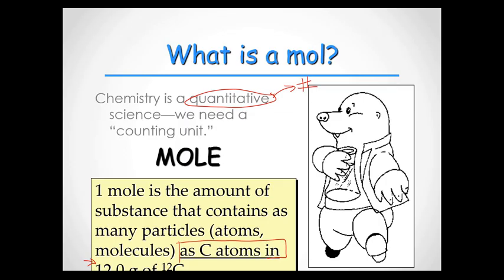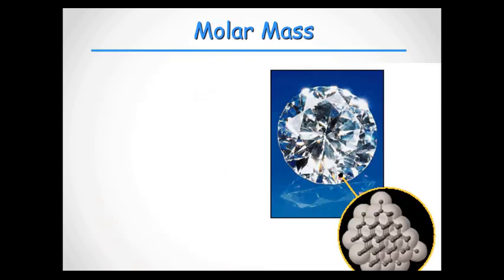Very similar to how there are always 12 in a dozen. So it's just a unit. They counted how many molecules were in 12 grams, and that was their base unit. From there, they did the same number of molecules for magnesium, for oxygen, and then came up with a mass so that we have a comparative value of each element in relationship to one another.